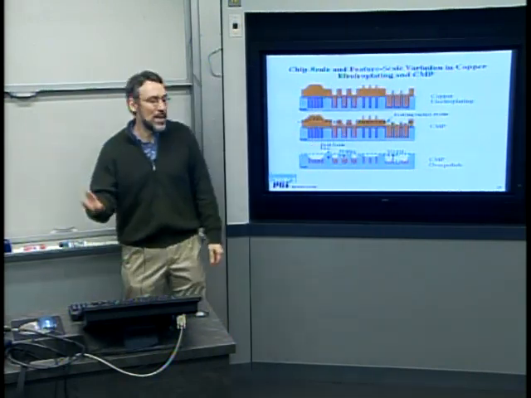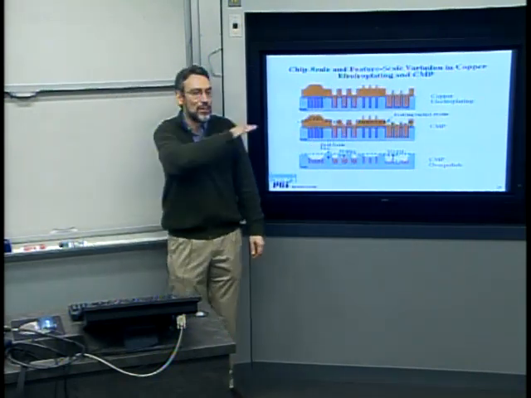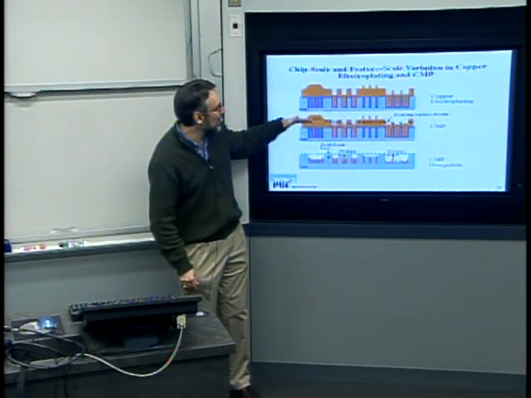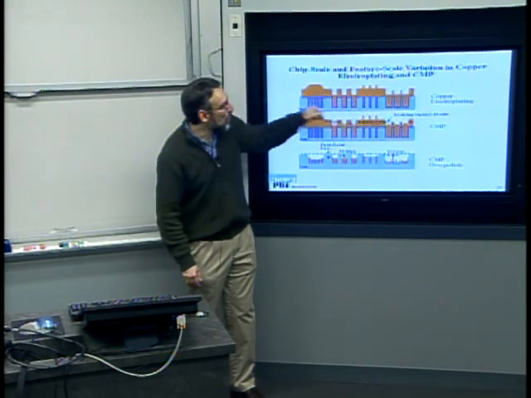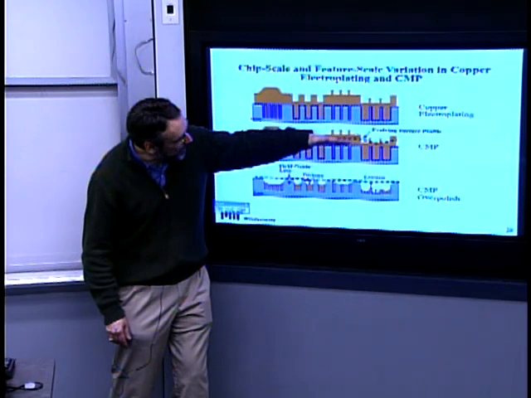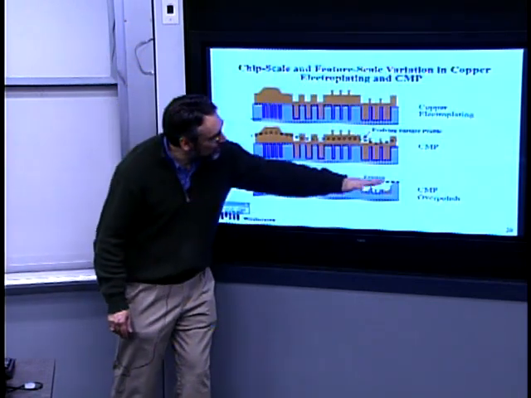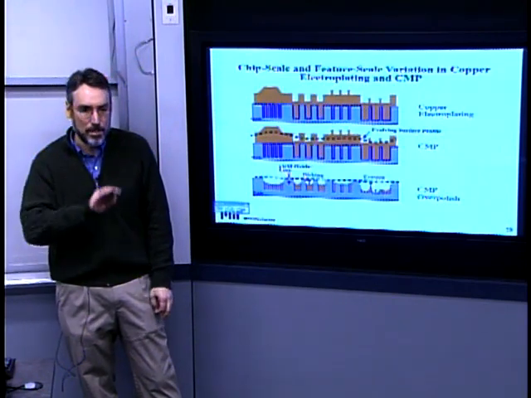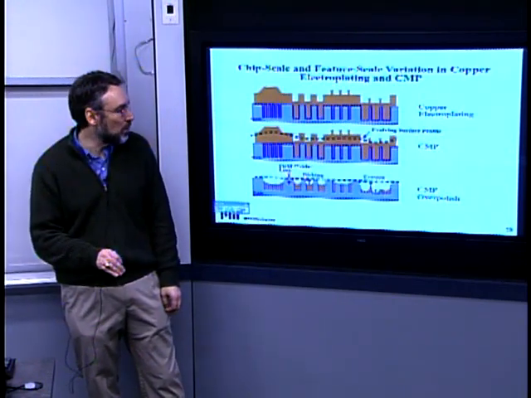Now, I described CMP as wonderful for flattening and removing and abrading away topography. So the second step is using CMP to remove all this excess copper, and it will polish away. And ideally, you would like to stop exactly on the surface of the oxide and have your nice remaining copper lines where you wanted them.